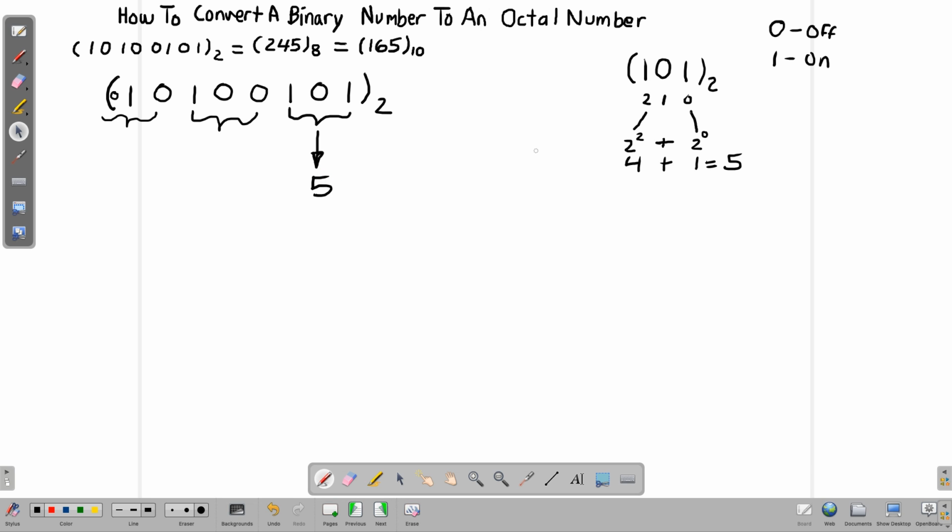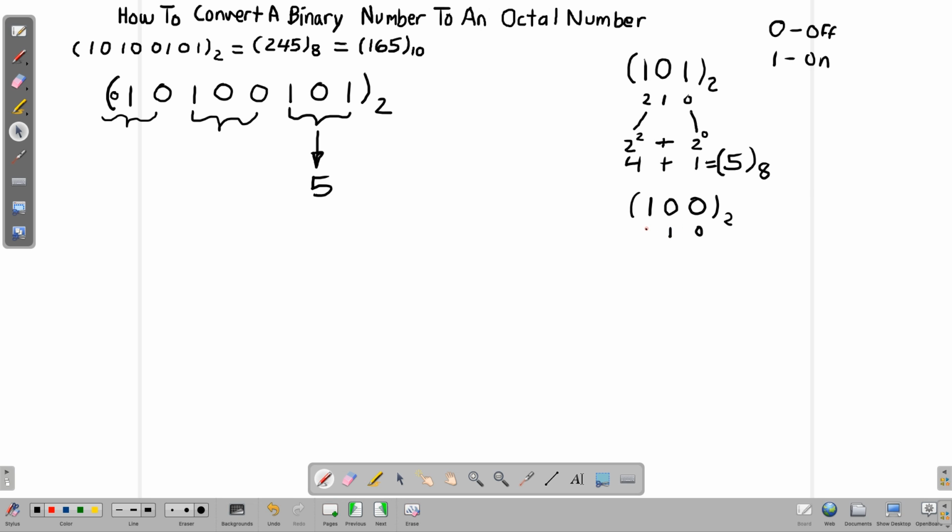Okay, so let's look at the next group. The next group we have is 1, 0, 0. This is also in binary. And make sure up here it is 5. That's really an octal right there. So we again look at the positions. The 0 here is in the 0th position. The next 0 is in the first position.